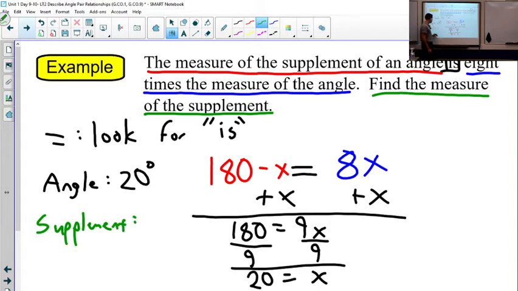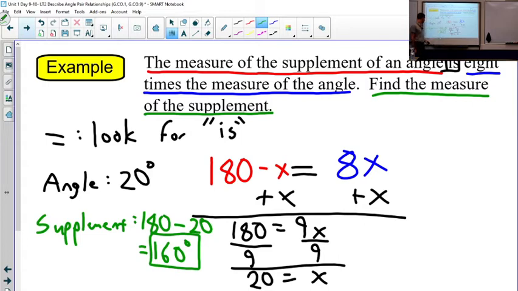Our pattern for supplement is to take 180 and subtract whatever angle we have. Oh, now we know what it is. It's 20. So we're going to take 180 and subtract 20. And that turns out to be 160 degrees. So 160 is the measure of the supplement, which is what we're being asked to find.